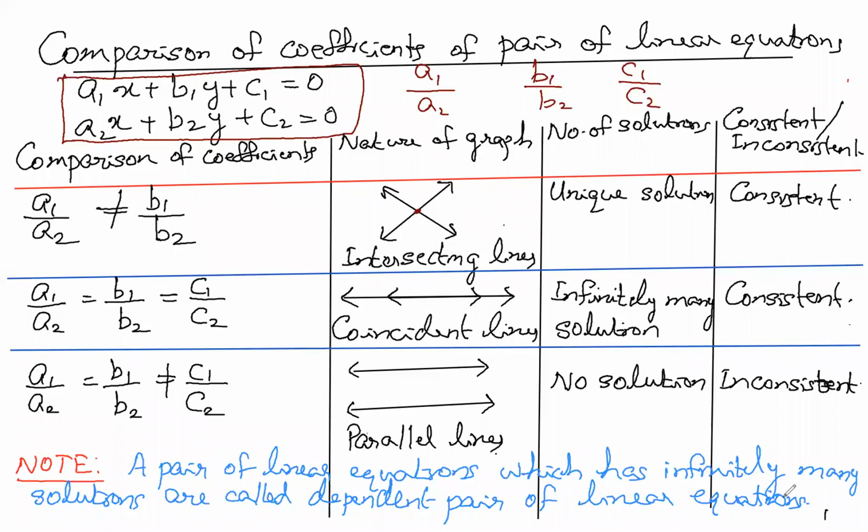The equations which satisfy the second condition, that is infinitely many solutions, they are dependent pair of linear equations. The other two groups are called the independent pair. What are the other two groups? For unique solution and no solution, these are independent pair of linear equations.